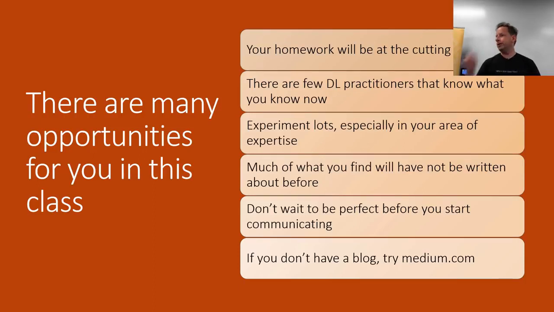So that's a great opportunity for you to be the first person to create an understandable and generalizable code library that implements it, or the first person to write a blog post that explains it in clear English, or the first person to try applying it to a slightly different area where it's obviously going to work just as well. So when we say cutting edge research, that doesn't mean you have to come up with the next batch norm or the next Adam or the next dilated convolution.